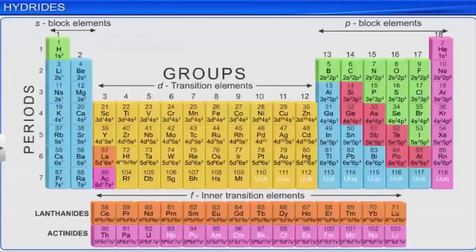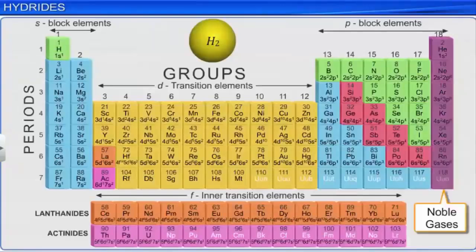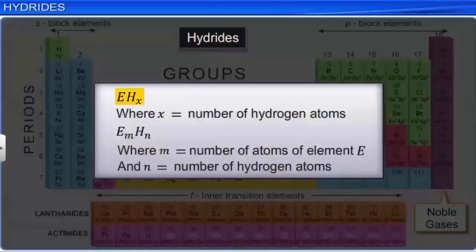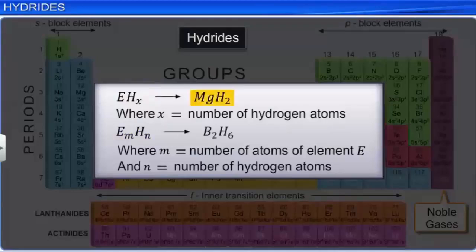You have learned that dihydrogen combines with almost all the elements except noble gases under suitable conditions to form binary compounds called hydrides. These can be represented as EHx or EmHn, where E is the symbol for an element, for example, MgH2 or B2H6.